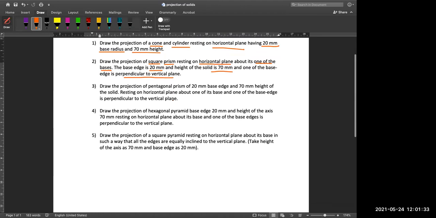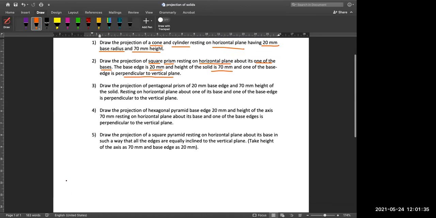As I told you earlier, whenever any information is given related to your vertical plane, we allocate that information below your reference line. Suppose this is your xy reference line.